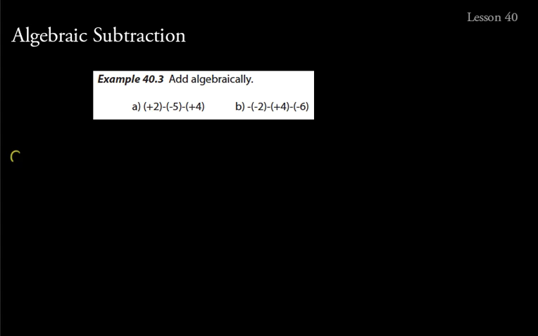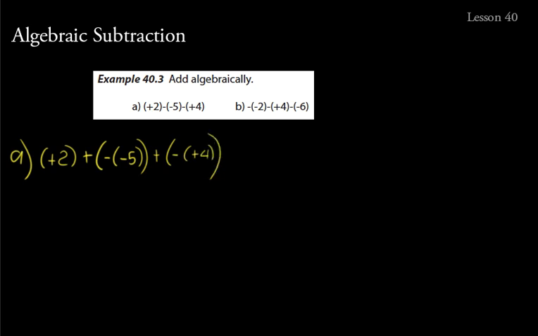So A, the way we do algebraic subtraction is we write the number and their signs and we put pluses in between. So we have a plus 2 in parentheses. Then we need a plus right here. And so that means we do minus parentheses minus 5. Close all those parentheses off. Okay? And then we do another plus sign, and then we have a minus a positive 4. Okay? That's okay to do.